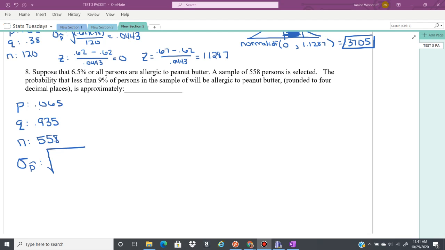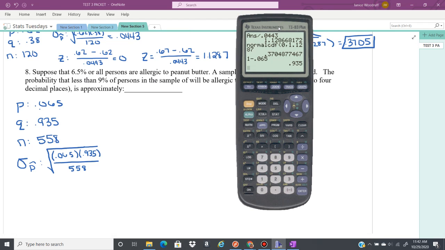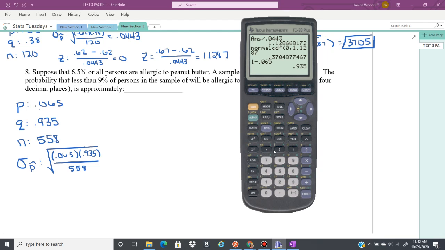Okay, so we want to do, for the standard deviation, 0.065 times 0.935, and then over 558, square root of that. All right, so square root of 0.065 times 0.935 divided by 558.